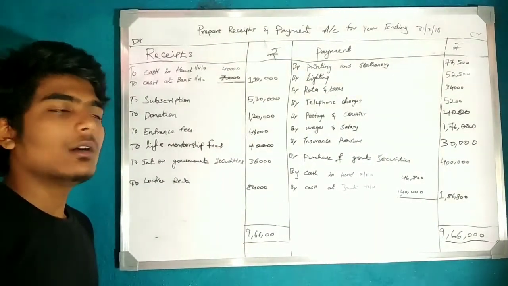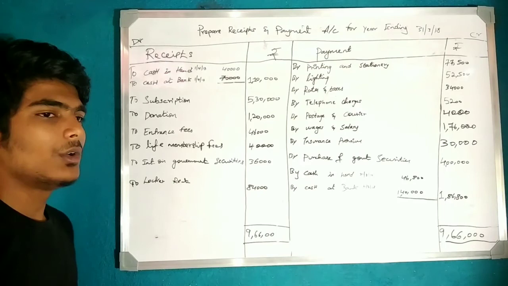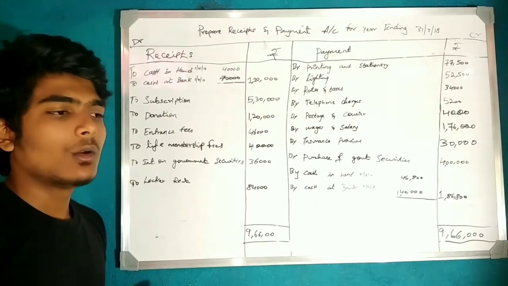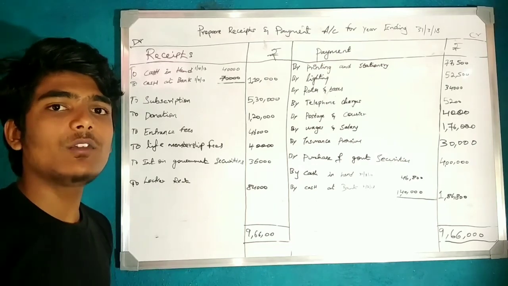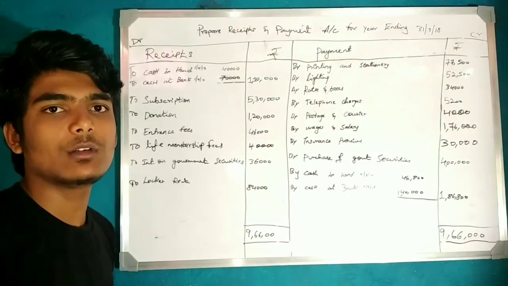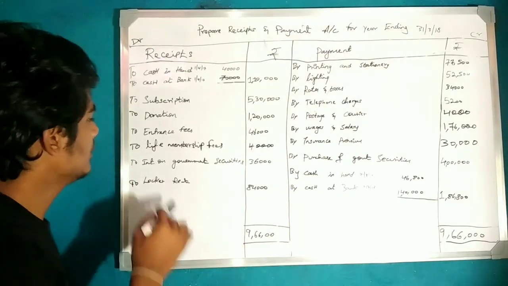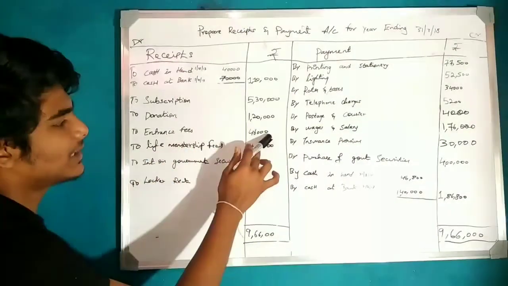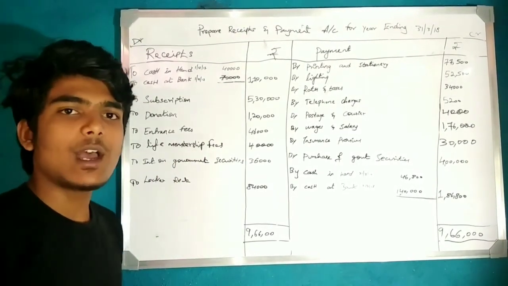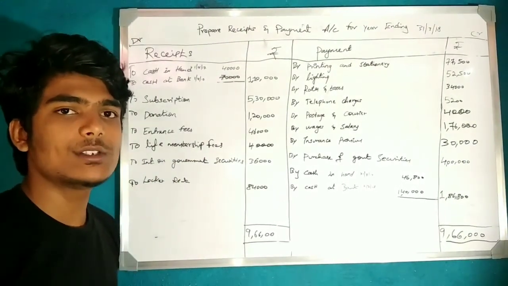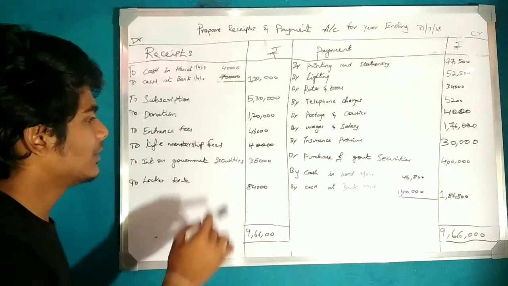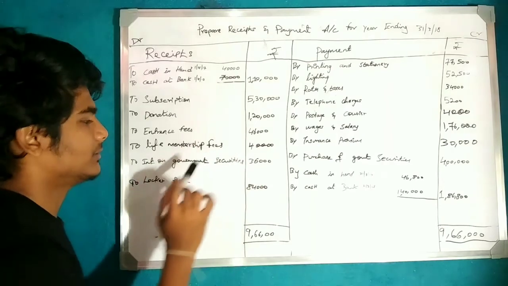For example, if you want to go to an exhibition, in order to get entrance, you have to pay some fixed amount set by the organization or their committee. Is rupees 46,000. To life membership fees, the amount received by a not-for-profit organization in order to get lifetime membership in an organization. Is rupees 40,000.